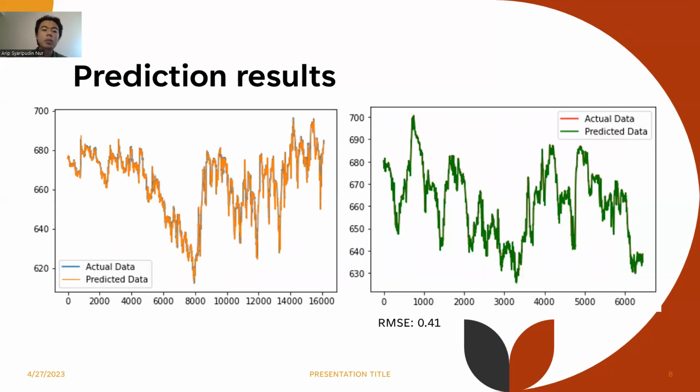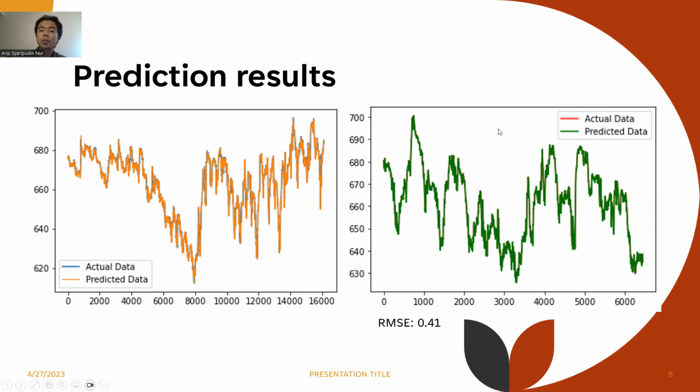And first, I tried to fit the prediction with the training data. The left side is the training data. So the model tried to make the prediction of the training data and compare with the actual data, and it showed that the result really fits the actual data.